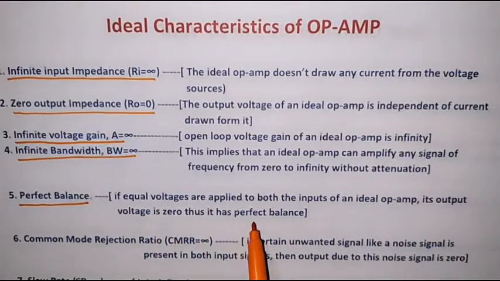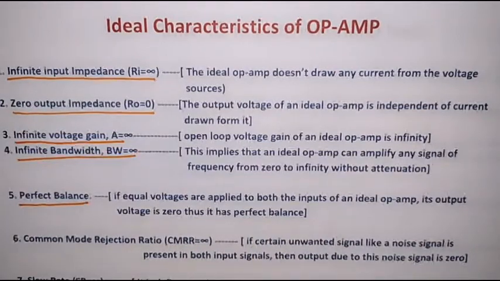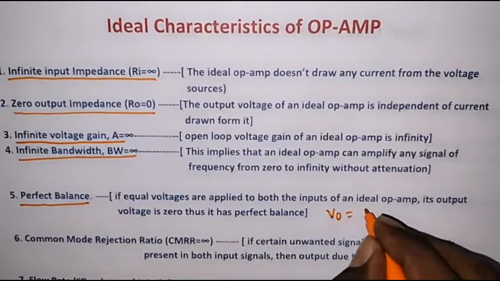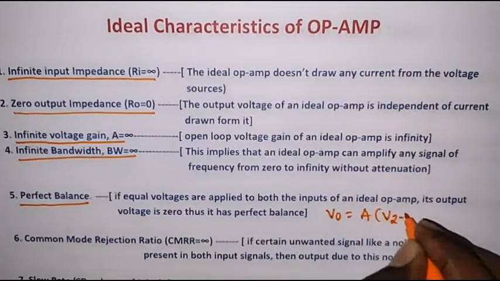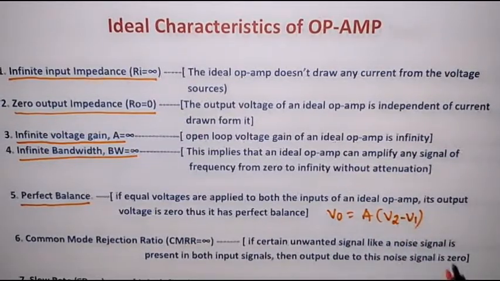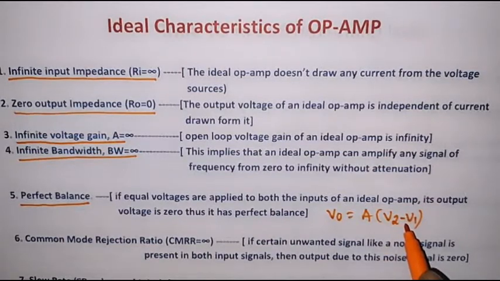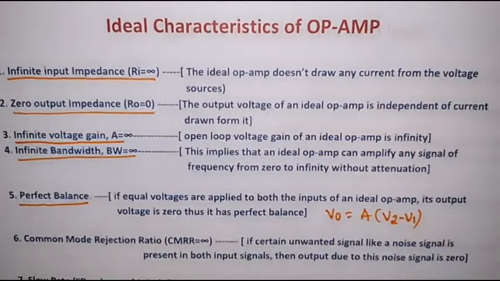Thus, it has perfect balance. As we know, Vo is equal to A into V2 minus V1. So, if we apply the equal voltage, if V1 and V2 voltages are same, then the difference will be 0. If the difference is 0, then the output voltage will be 0. Thus, it has a perfect balance.